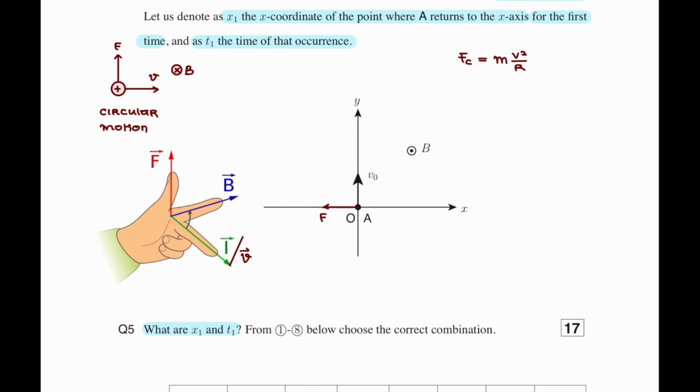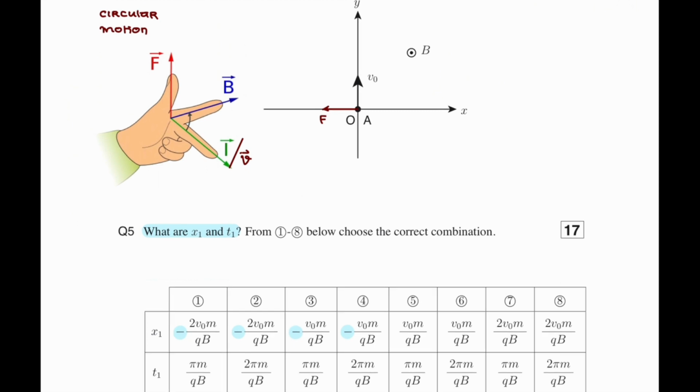In this case, the magnetic force provides the centripetal force. So the centripetal force here can be substituted by the magnetic force. The formula of magnetic force is F equals BQV.